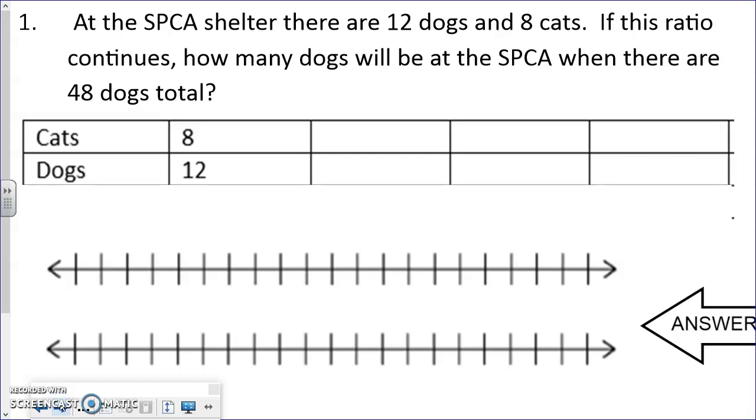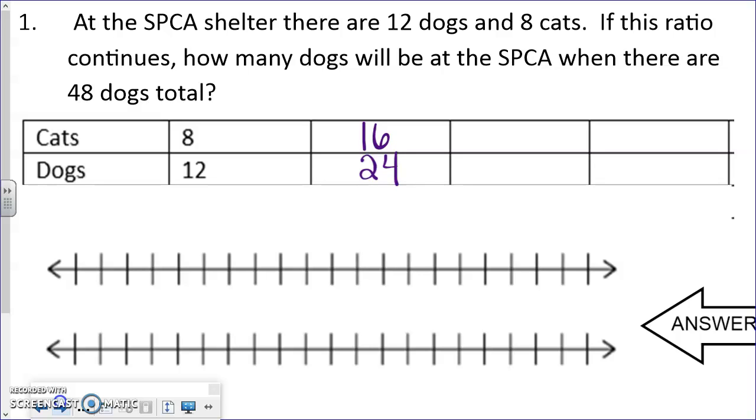So the first problem we're going to solve says at the SPCA shelter there are 12 dogs and 8 cats. If this ratio continues, how many dogs will be at the SPCA when there are 48 dogs in total? Now, we have a couple of options. The first option is to go ahead and extend it out in groups of 12. So if I double the pattern and I go to 24 dogs, I would also have to double the number of cats and I would get to 16.